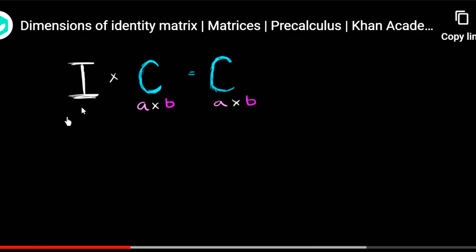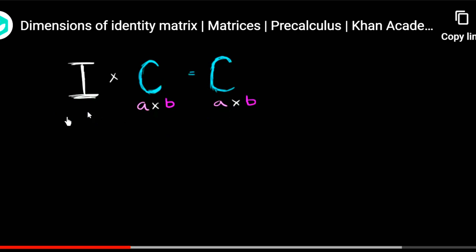So this is going to be something times A. It's got to be the same as that because if it's not A, it can't even be multiplied. And the answer is going to be an A times B. Well, that's the outside numbers. So this also has to be an A. So this has to be an A times A matrix in order to be multiplied by A times B and end up with an A times B.